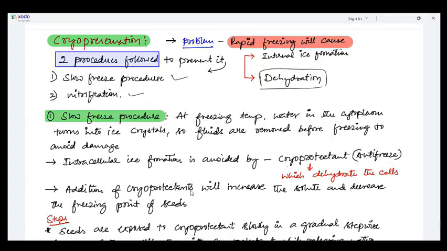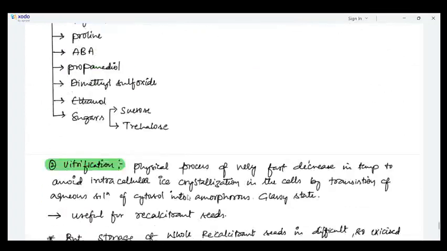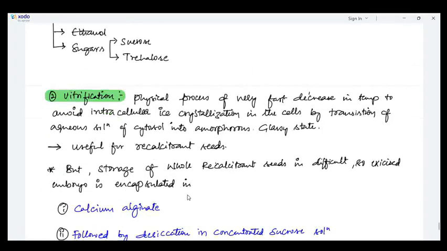To avoid this, two procedures are followed: first, a gradual drop in temperature, or secondly, vitrification. This is an advanced method where a very fast decrease in temperature occurs while avoiding intracellular crystallization.